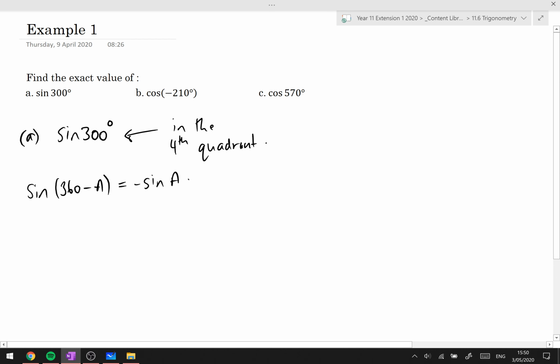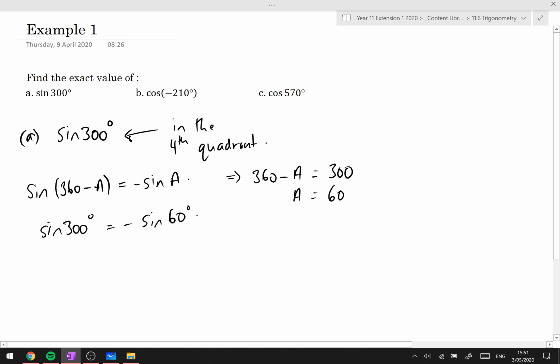So what do I need to subtract from 360 to get to 300? In other words, 360 minus what is equal to 300? Hopefully you got that: A must be equal to 60. So sine of 300 degrees is equal to negative sine of 60 degrees.